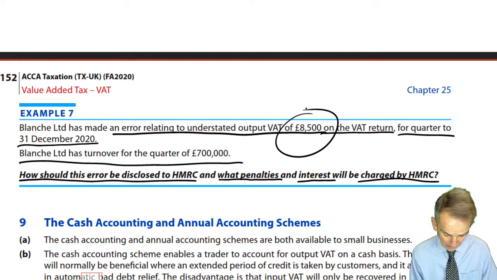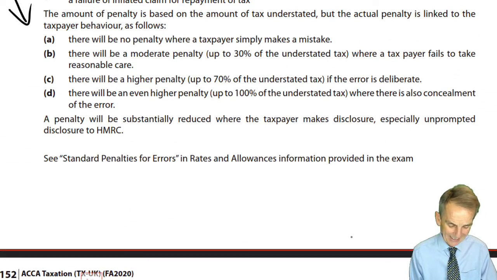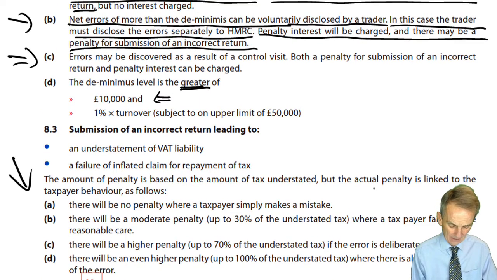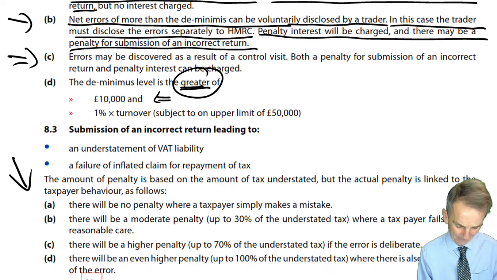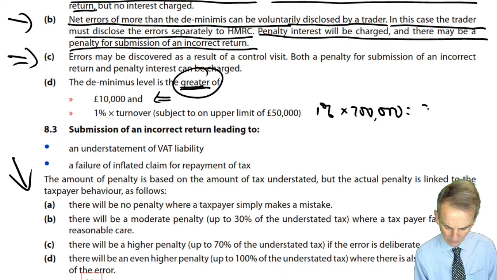Now, we've been given the information there about the turnover for the quarter of £700,000, but actually here we don't need to do anything with that number, because the de minimis level, as we say, is the greater of that £10,000, and that 1% of turnover, that was £700,000, that would therefore be £7,000.